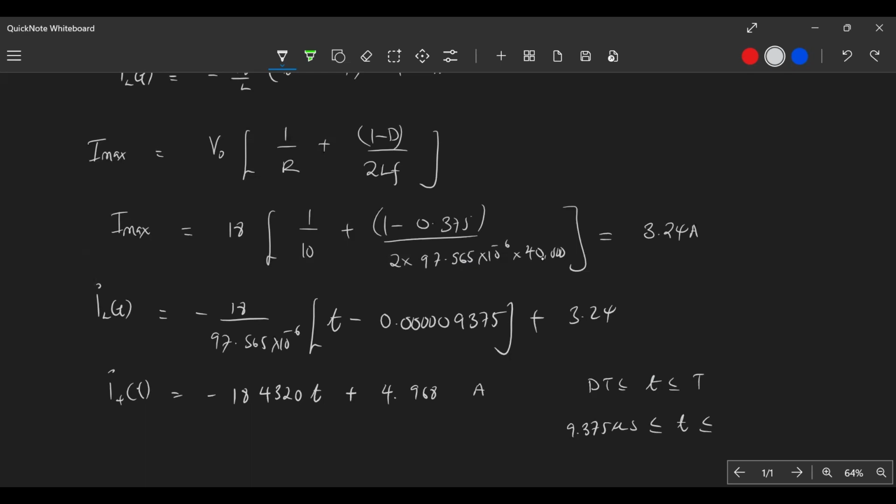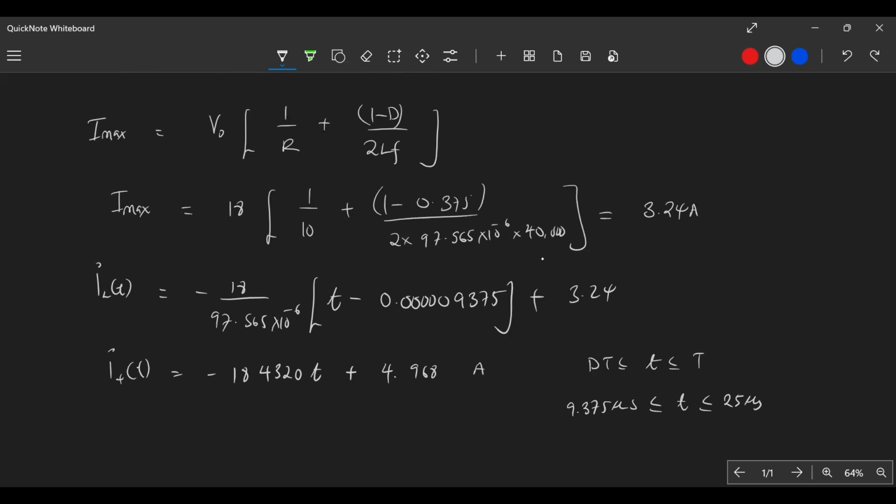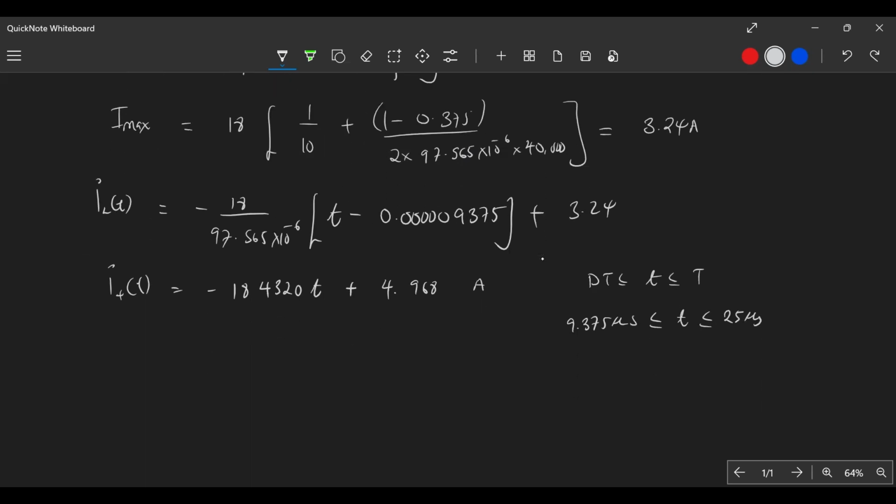So what is the time period? 1 divided by frequency, 1 divided by 40,000, which is about 0.000025. So this is 25 microseconds, the total time period.